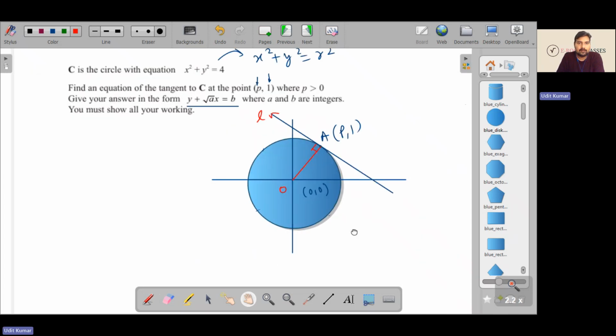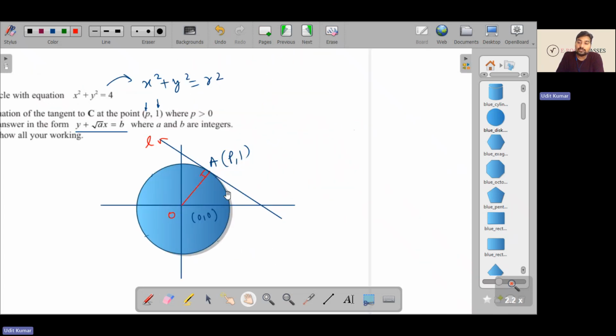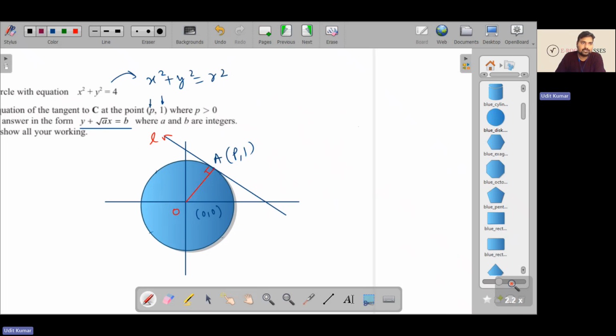Now, this point A also satisfies the circle, right? So let's put this point A in the equation of the circle. You will get P squared plus 1 squared equals 4, which means P squared equals 3 and P equals plus or minus root 3. Now, P cannot be less than 0.